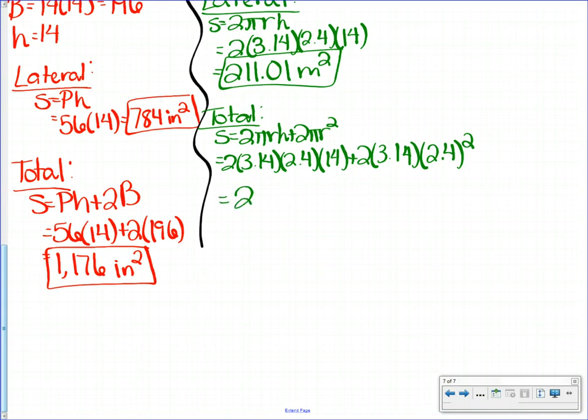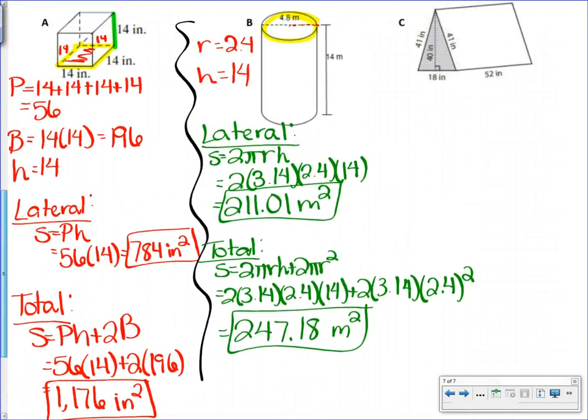You get 247.18 meters squared. I did round that to the nearest hundredth. That's your lateral and total surface area for a cylinder.